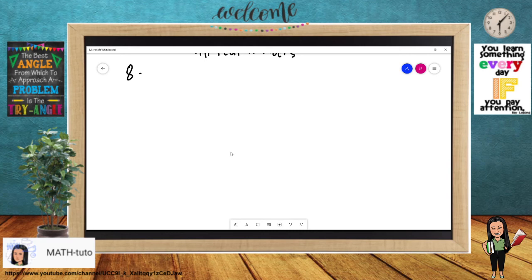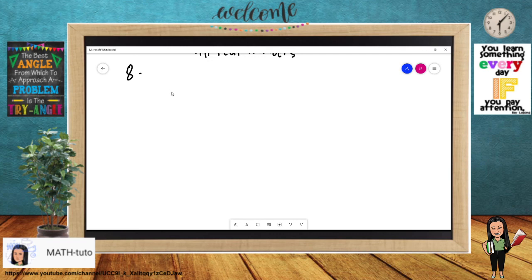We have the conditional equation in which we only have one solution. We have identity equation. The solution for that is the set of all real numbers. Yun ay may infinitely many solution. Kagaya nga nung example na binigay ko kanina. And then, the last one is contradiction equation in which we have no solution. Okay?